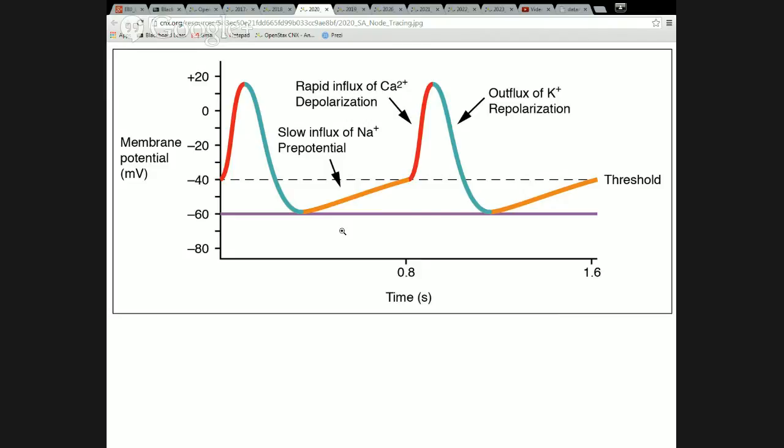The parasympathetic system hyperpolarizes those cells so that the prepotential is slower getting up to threshold. And that's going to slow things down enough to get the heart rate to drop from 100 to 75 beats per minute. The sympathetic system, if it's going to have an effect, will actually speed up depolarization, and then the heart rate will speed up past 100 beats per minute.